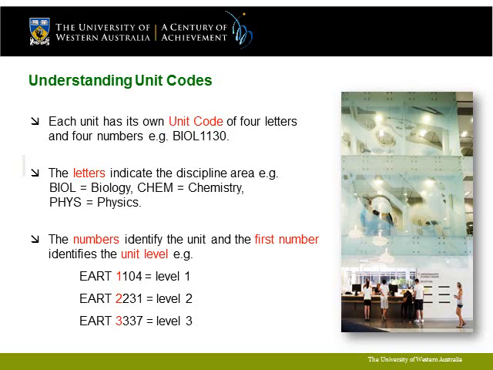For example, ERT 1104 equals level 1, ERT 2231 equals level 2, and ERT 3337 equals level 3. You normally only enrol in level 1 units in your first year of study, unless you have credit from previous studies.